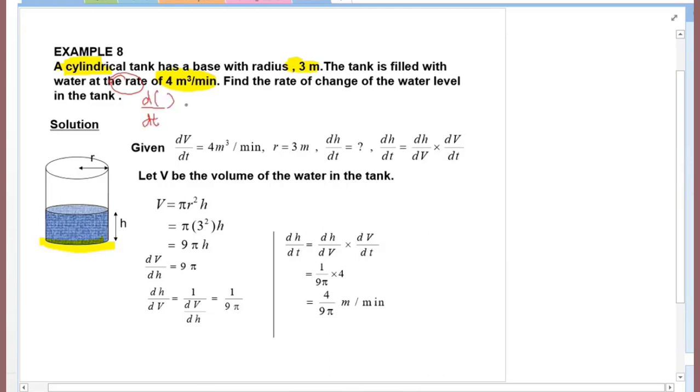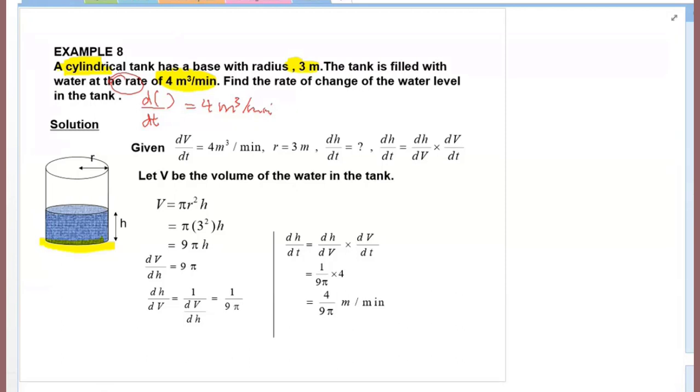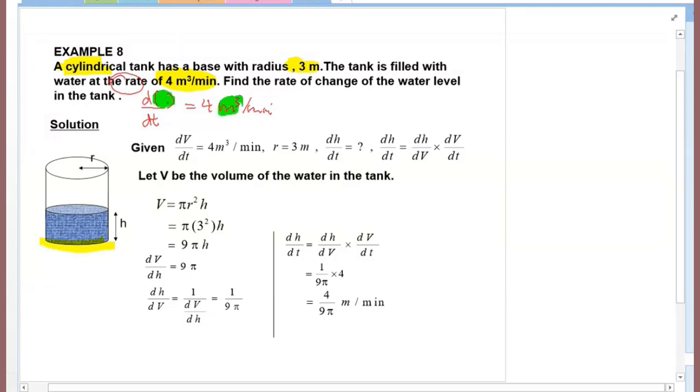Meter cube refers to V, not area or perimeter, so the given is dV/dt equal to 4 meter cube per minute. Find the rate of change of the water level. The water level is H.